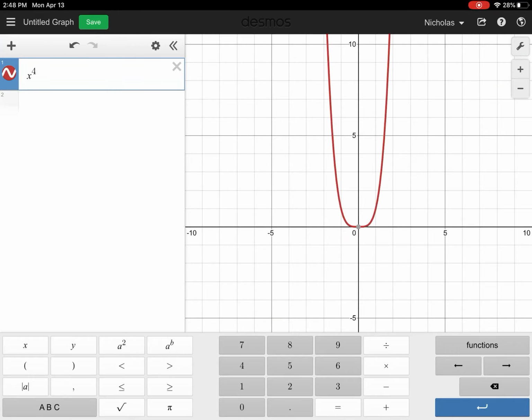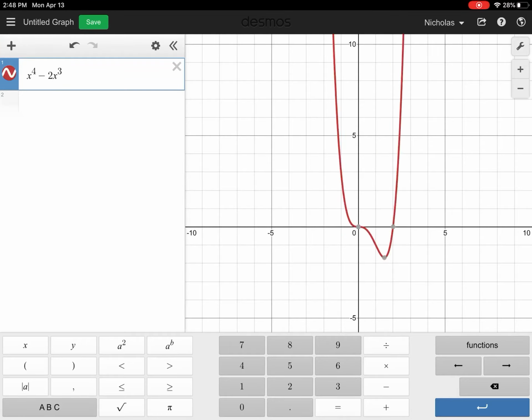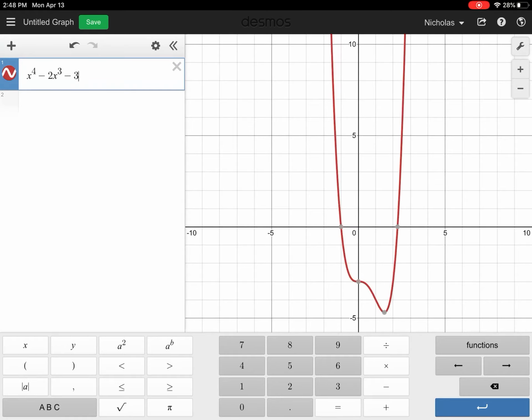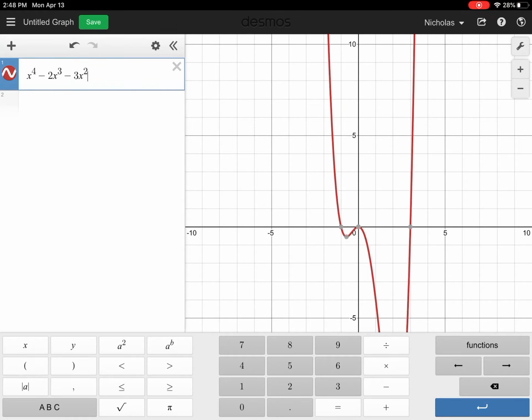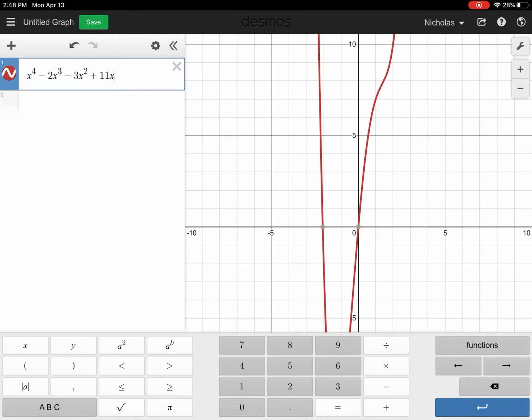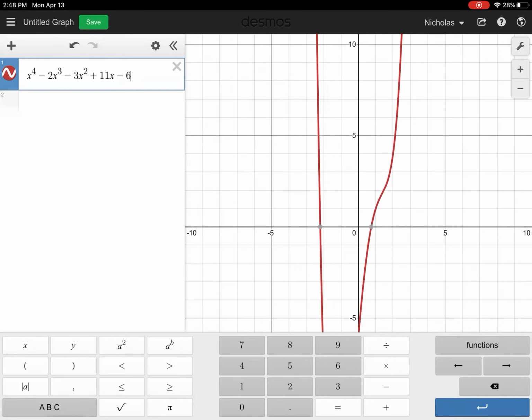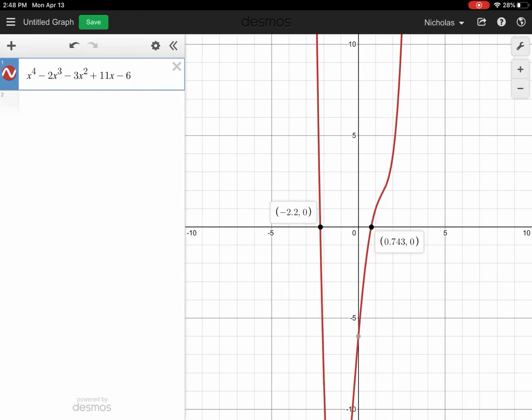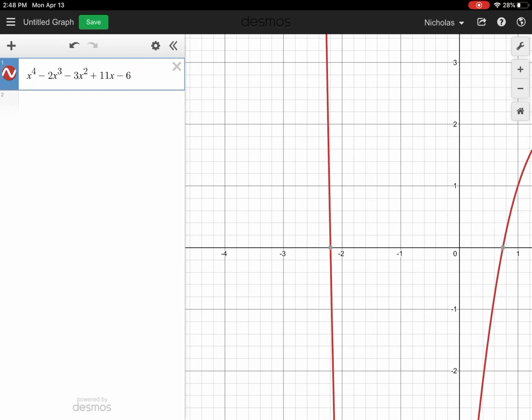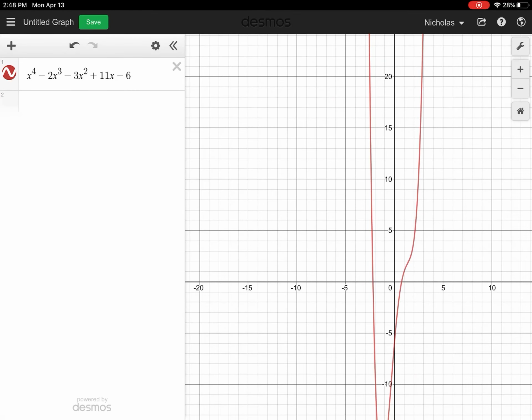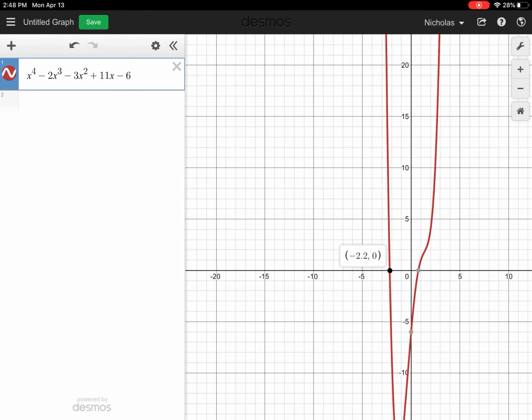So we had an x to the fourth minus 2x cubed minus 3x squared plus 11x minus 6. So let's see, are there any nice roots?